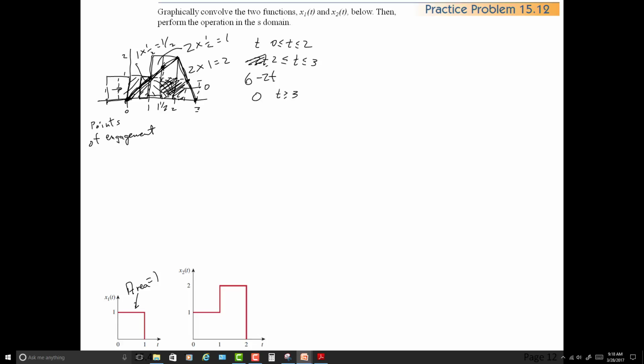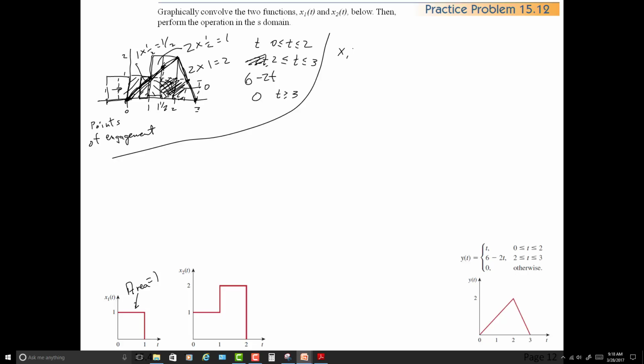Let's try to do it now in the S domain. Okay, we'll draw our lines around this and start again. We could see, by the way, what the author got. Oh yes, there's the picture. All right, so now in the S domain, let's just start. We get x1 of s, right?